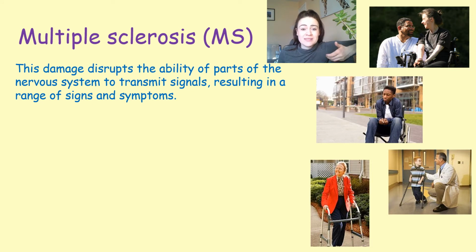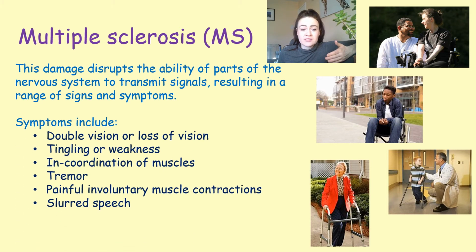So this damage will disrupt parts of the nervous system, resulting in things like double vision or loss of vision. Some people with multiple sclerosis become really, really weak with their muscles, or they can't coordinate their muscles and they tremor, they have involuntary movements, and slurred speech.